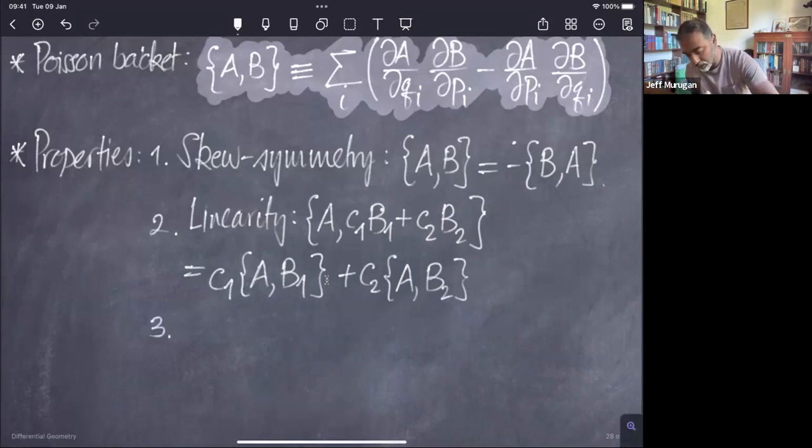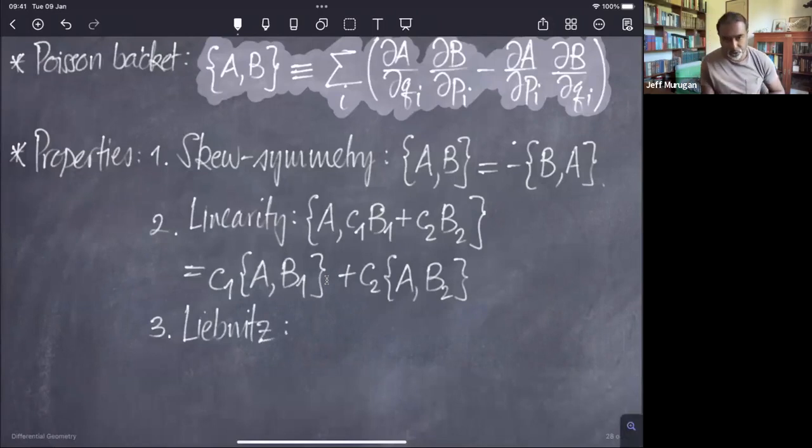The third thing is what we were calling the Leibniz property. It's a little bit more painful to show. However, it's not that much more painful because we know that the partial derivative that goes into the definition of the Poisson bracket is an actual derivative, so it satisfies the product rule.